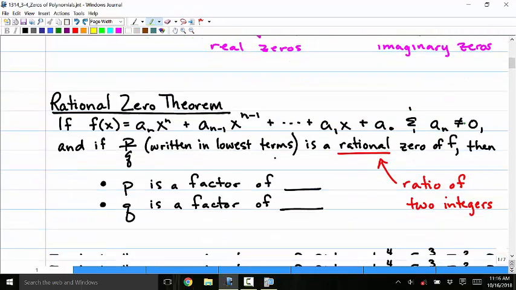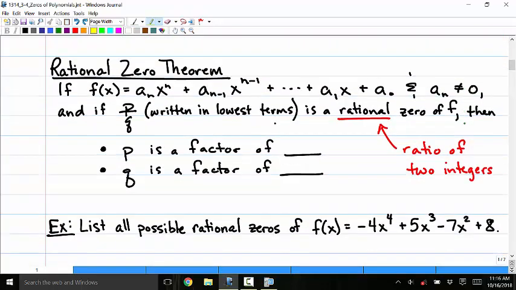Okay, the rational zero theorem says if you have a polynomial of degree n, and remember that this was just a fancy way of writing the polynomial, right? A number times x to a power. And you keep decreasing the powers of x down to your constant term.